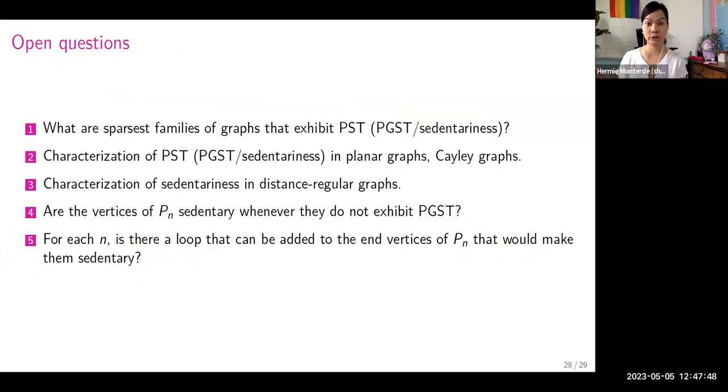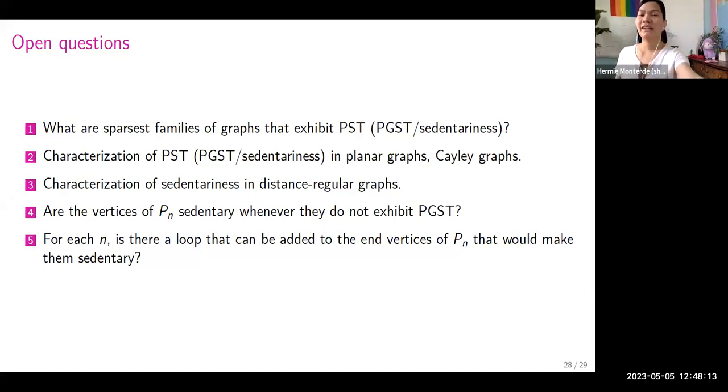And just some open questions in case you're interested in quantum walks. I think these questions are pretty much being worked on currently by a lot of people in the field and even the physicists. We asked the following questions. What are the sparsest families of connected graphs that exhibit PST?